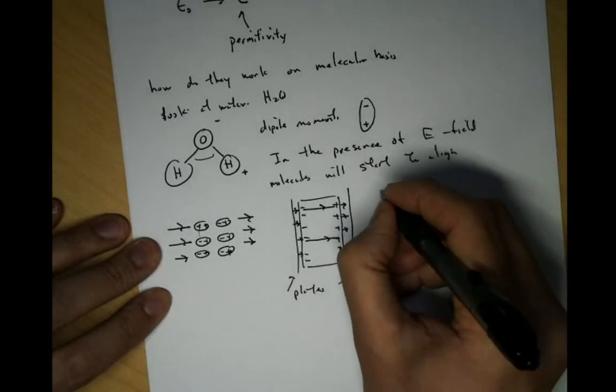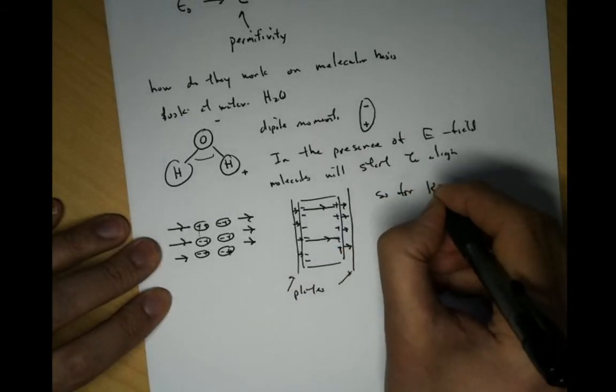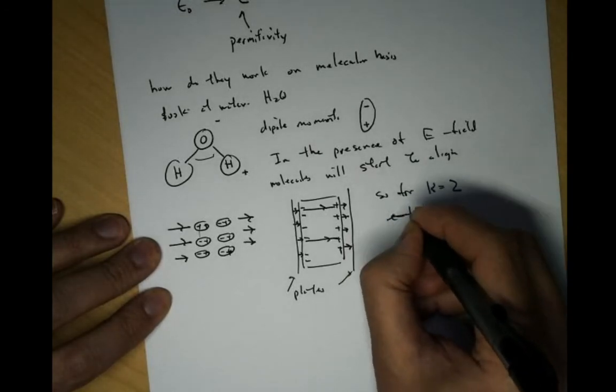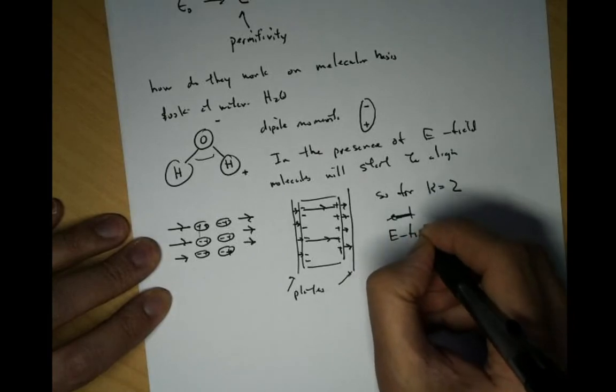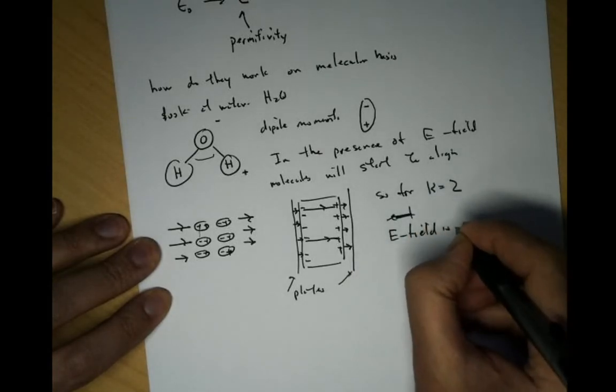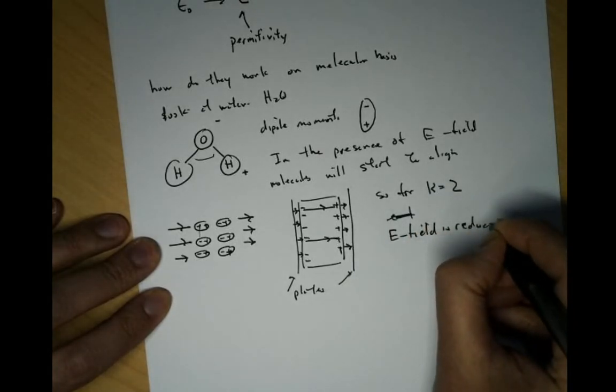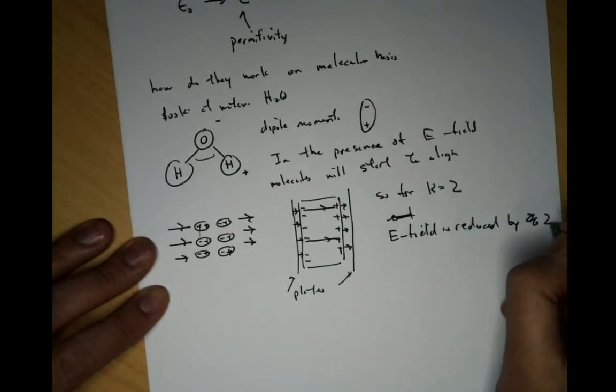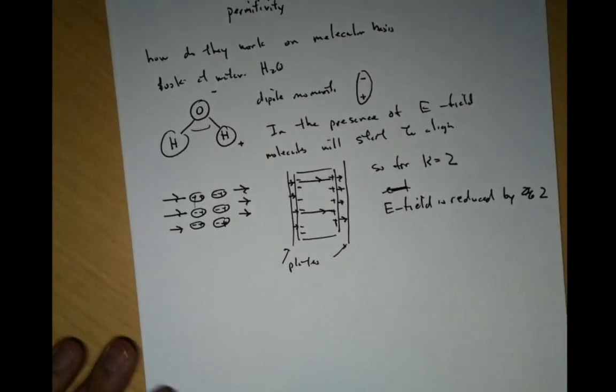So for kappa equals 2, the E field is reduced by 2, right? And likewise, this applies to everything else as well, right?